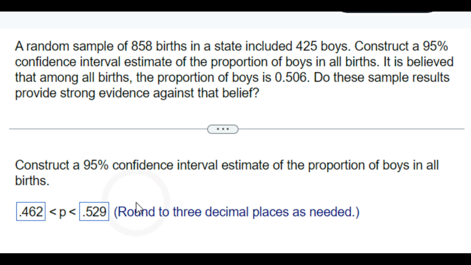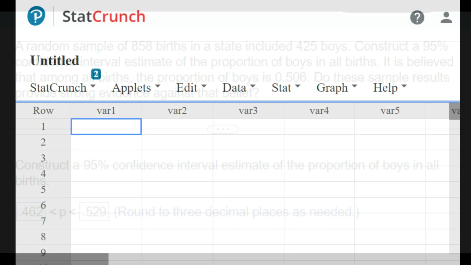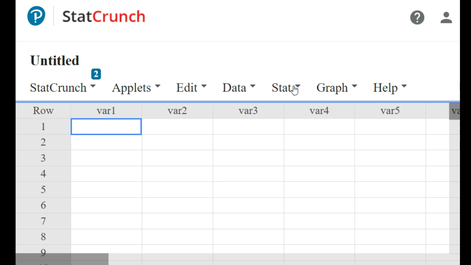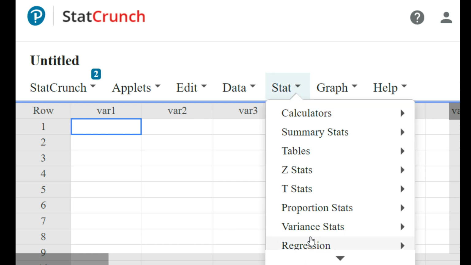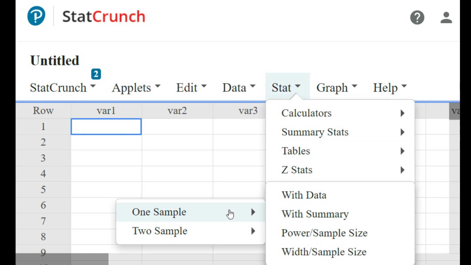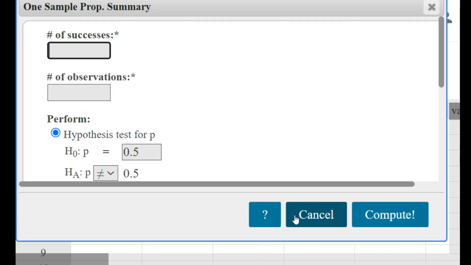So here's p for proportion stats, and when I go to StatCrunch, I can click Stat, Proportion Stats, One Sample, With Summary. The number of successes here, using these words, a success would mean a boy birth.